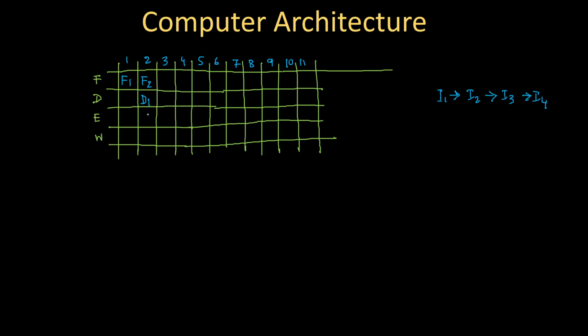Similarly, if we consider the execution part, the execution of instruction 1 starts after some time, and at that time naturally the decode of instruction 2 will start, and at the same time you can utilize the fetch stage by fetching instruction 3.